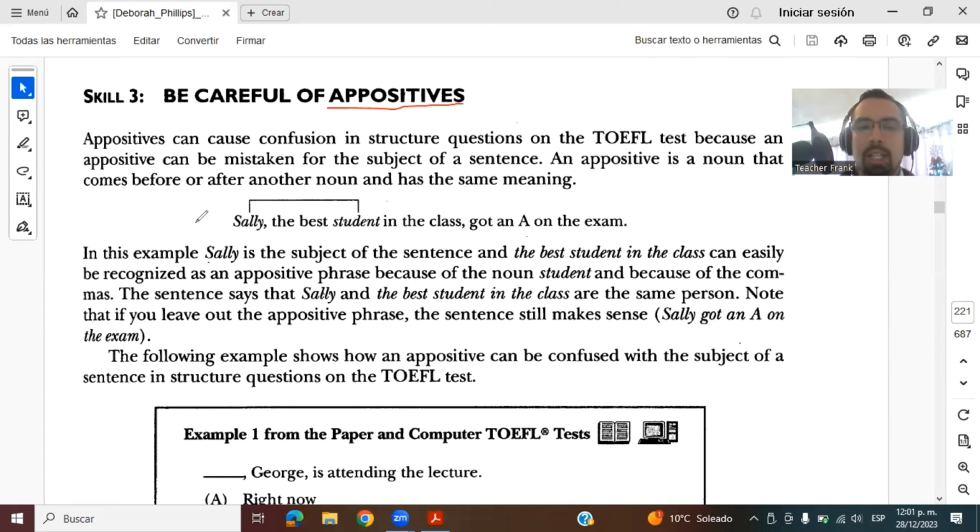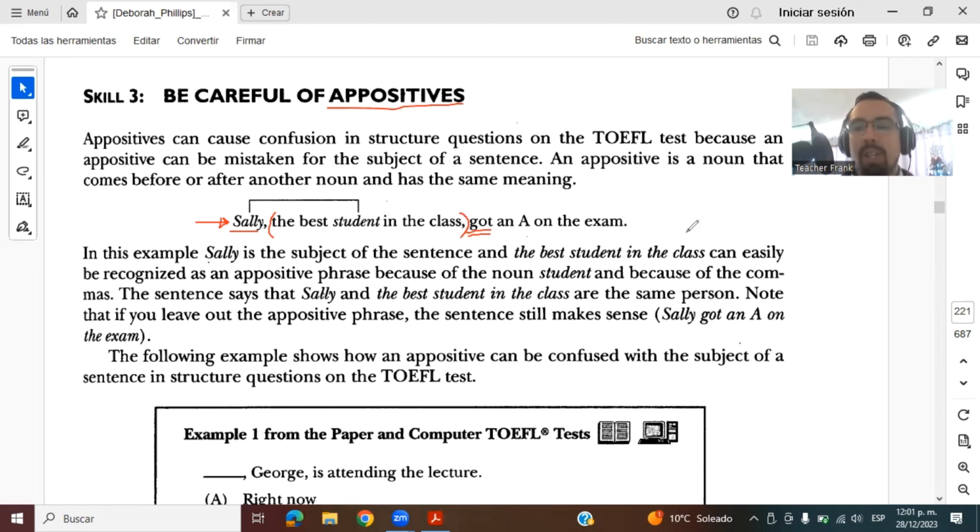So we can look at this example right here. It says, Sally, the best student in class, got an A. So we have the basic sentence, which is Sally got an A, right? That's my original sentence. And the best student in class, which is in parentheses, is an appositive, right?